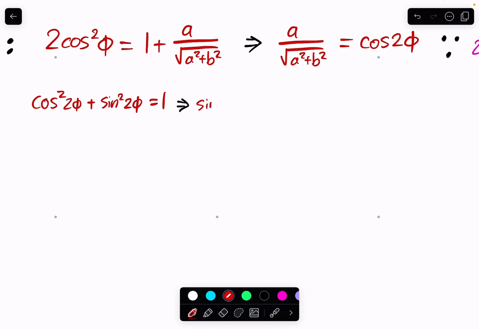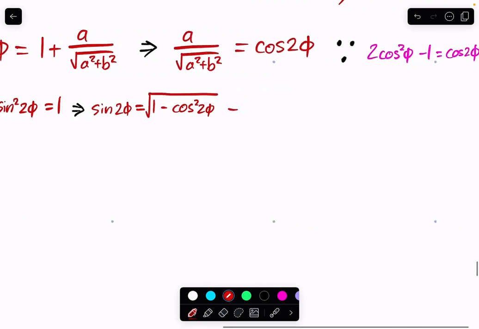that sine 2 phi is equal to the square root of 1 minus cosine squared 2 phi, which is just equal to the square root of 1 minus the square of this. So you'd have a squared over a squared plus b squared.